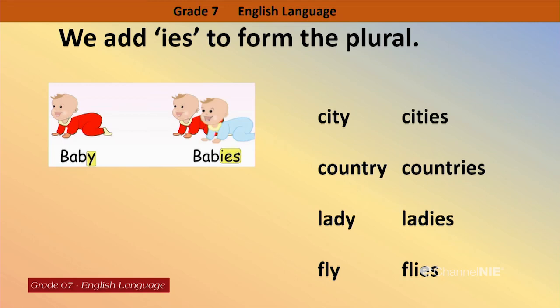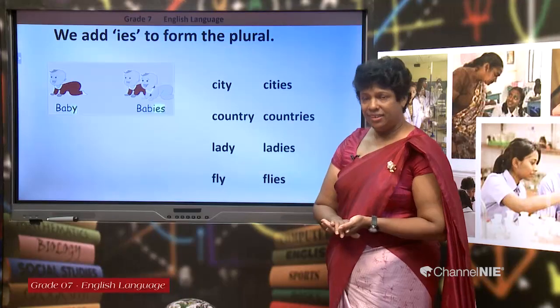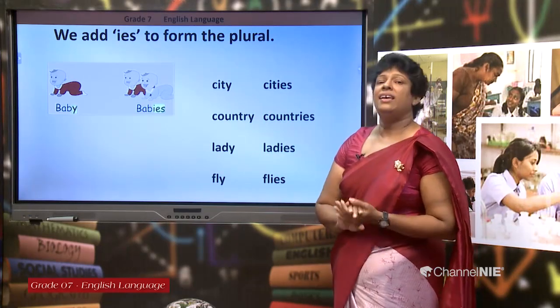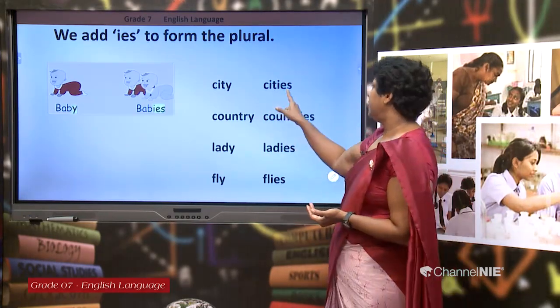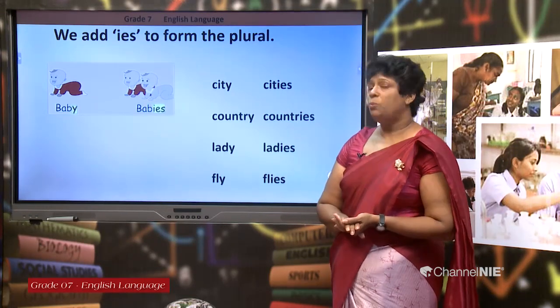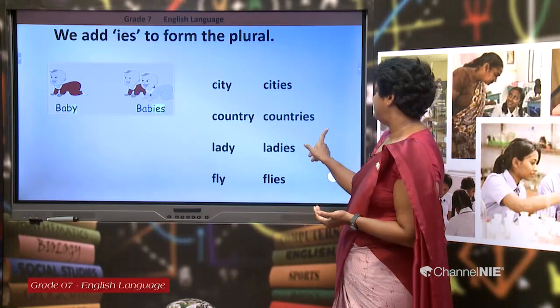That Y is omitted. IES, 3 letters are added. Country, countries. Lady, ladies. Fly, flies. Understand? Y must be omitted and IES, 3 letters, should be added to make the plural.